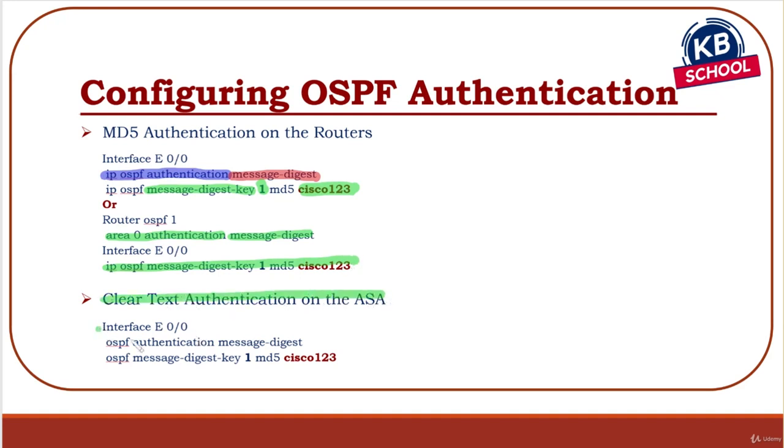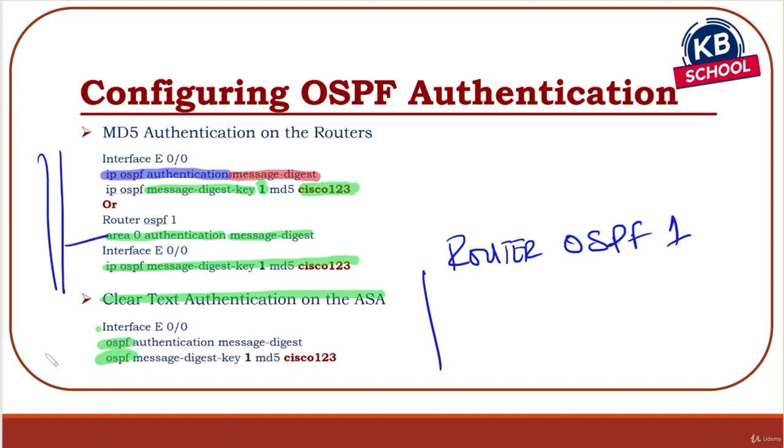For ASA, almost the same. Lose the IP in front of the command, the rest of it is the same. Now, if I had to do the same thing globally under the routing process on the ASA, because I showed you the example on the router for the global but I didn't do it for the ASA, this is the way I would do it. Router OSPF 1, area 0 authentication message-digest.